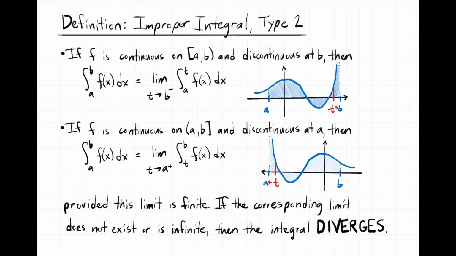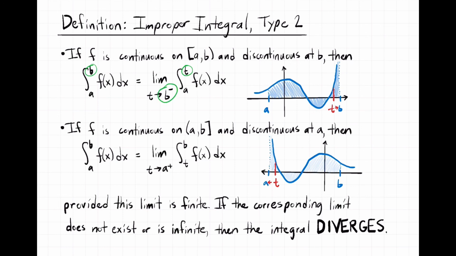Here's the general definition of how we should approach improper integrals. The first case is the case that we had in the example we just did. If your function is continuous on the half-open interval from a to b, in other words, it is continuous at a and never inside the interval, but discontinuous at b, you'll need to convert your upper bound, which is the problematic bound, into a variable, call it t, and then take the limit as t approaches that upper bound from below.